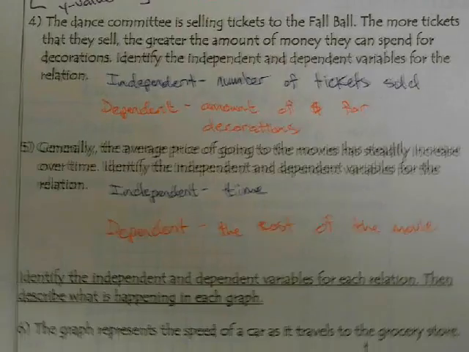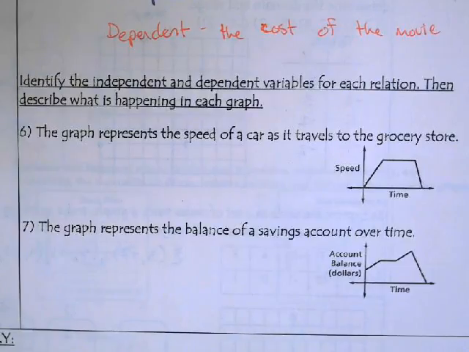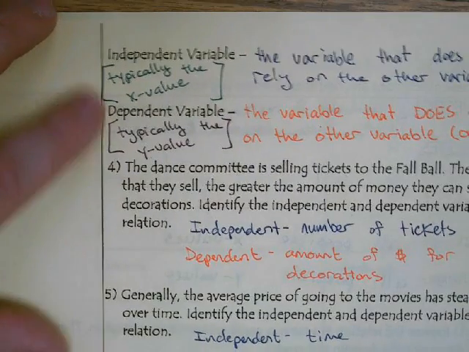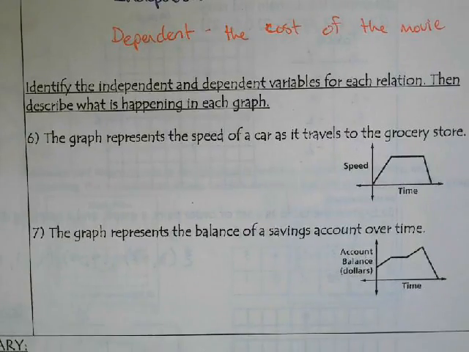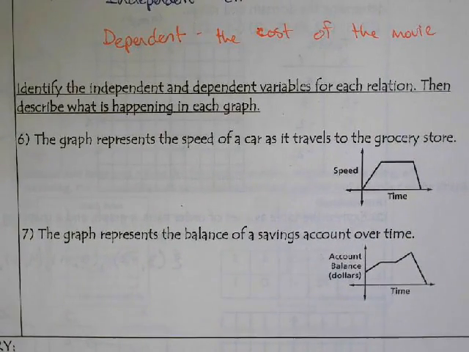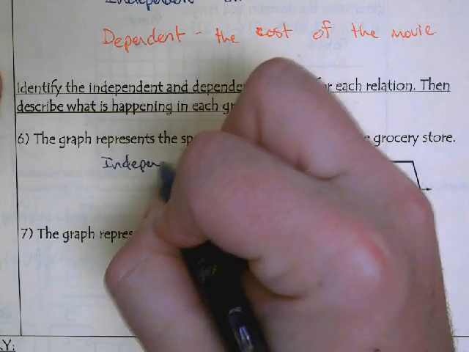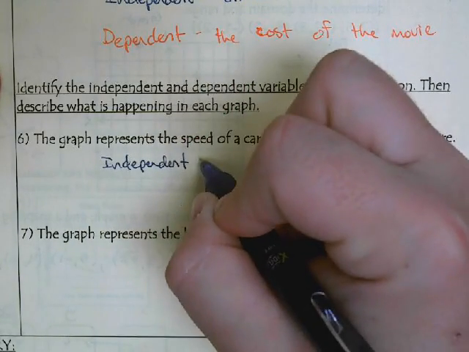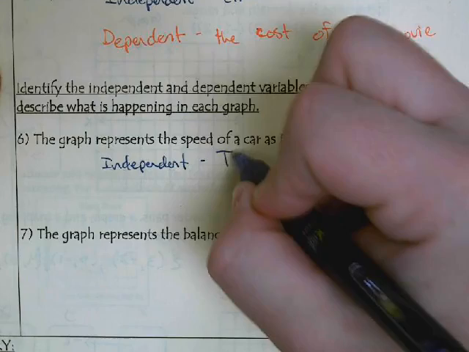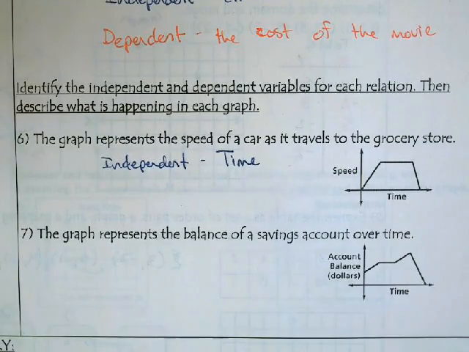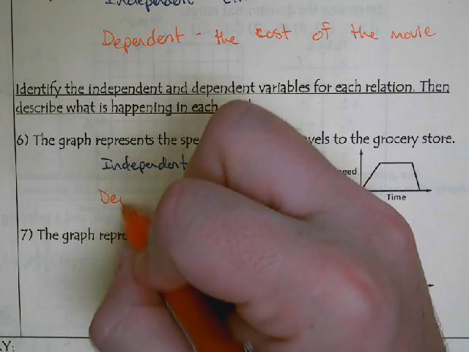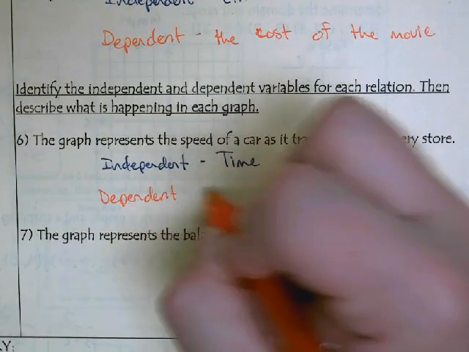Now 6 and 7 are pretty straightforward, mainly because we're just going to use that idea that independent is typically our x value and dependent is typically our y value. So we're just going to use our words that go with that. So for number 6, I would say that the independent is time, and my dependent is speed.